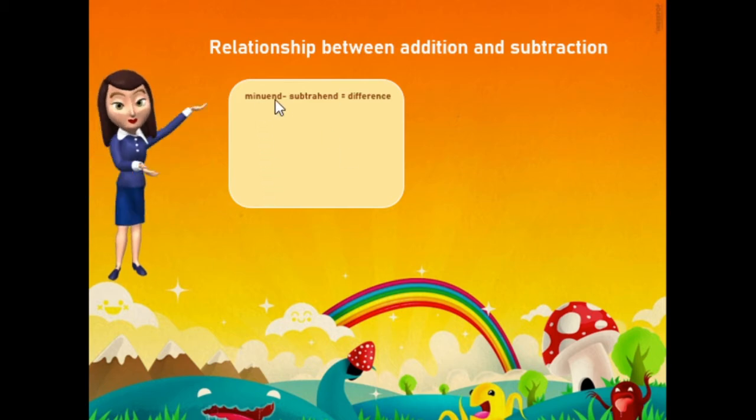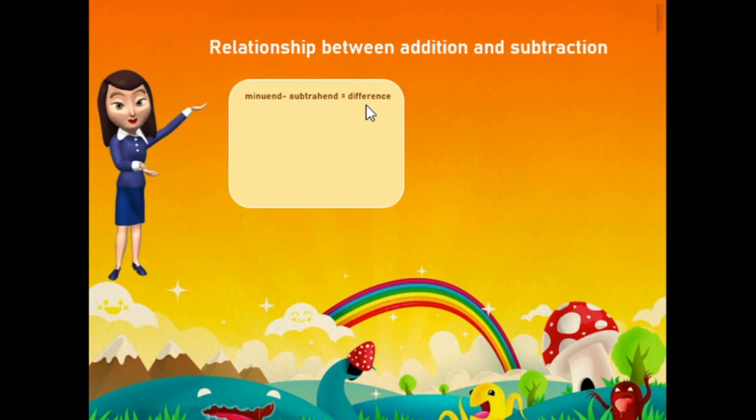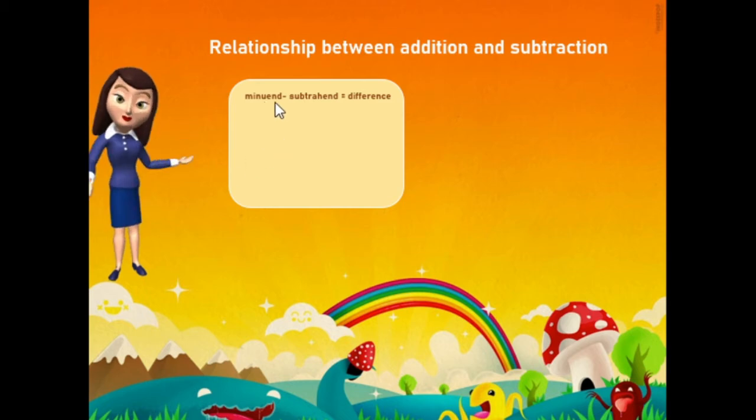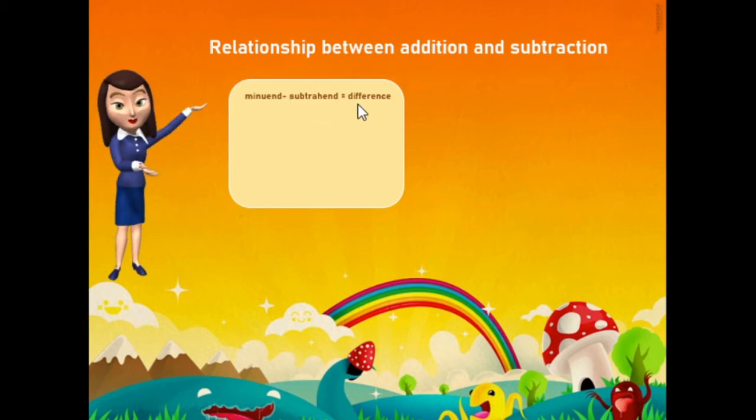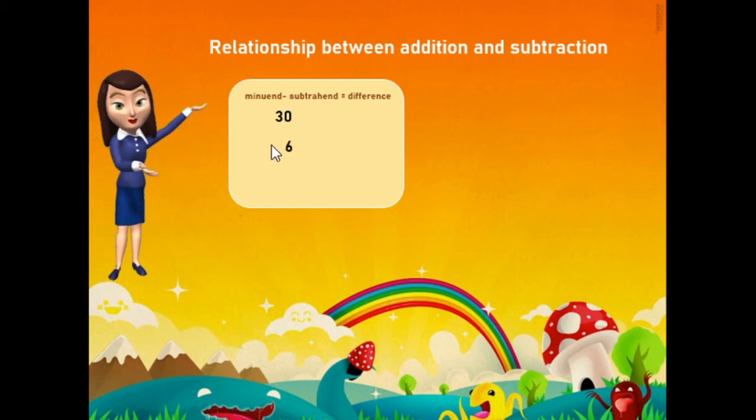Minuend minus subtrahend equals the difference, right? If you can remember, again, minuend minus subtrahend equals difference. We have here 30 minus 6.